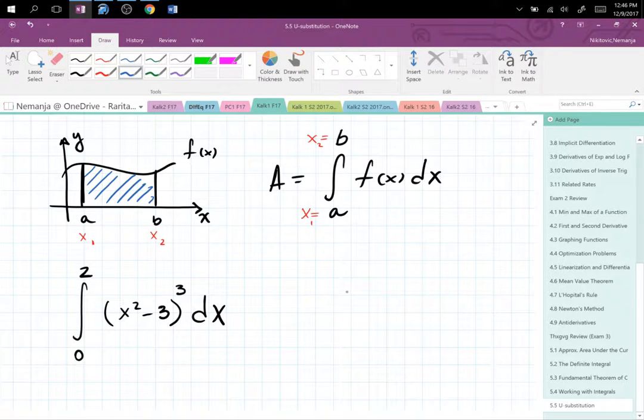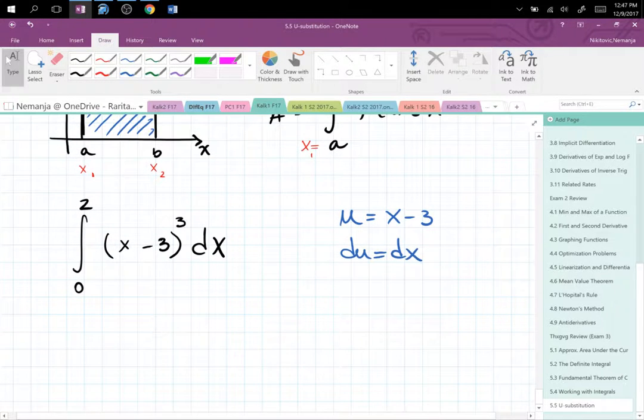We know from the previous part of the lecture that u has to be, oh wait, I don't want x squared, I want just x minus 3, because I don't have the stuff in front for the u sub. So I have x minus 3 cubed, and then u is equal to x minus 3, and now du is equal to dx.